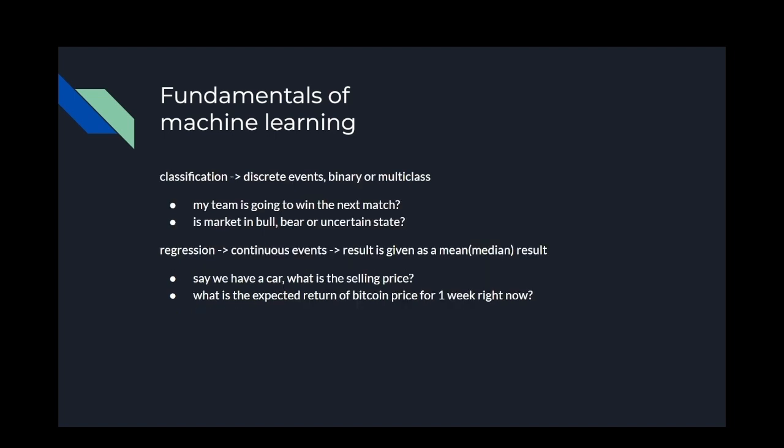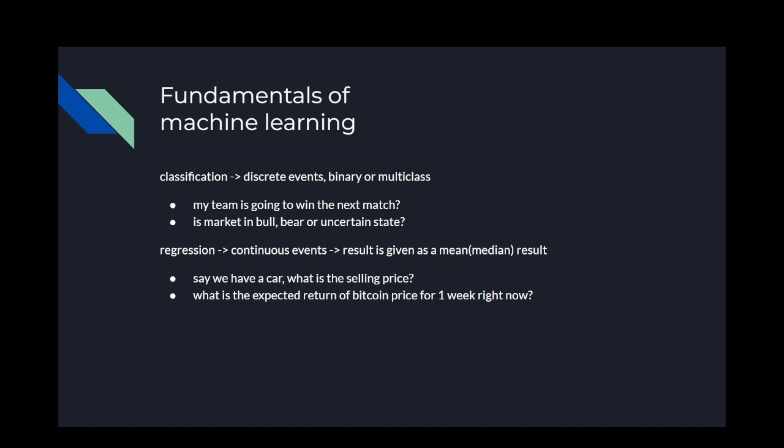We have two kinds of machine learning. We have first classification. Classification is going to be applied to discrete events or binary events like coin flipping, win or lose, or multi-class events. For example, predict whether a flower corresponds to a given species, or to predict whether an object corresponds to a specific category.